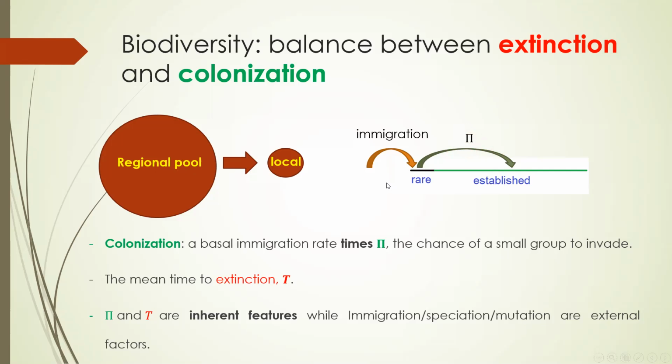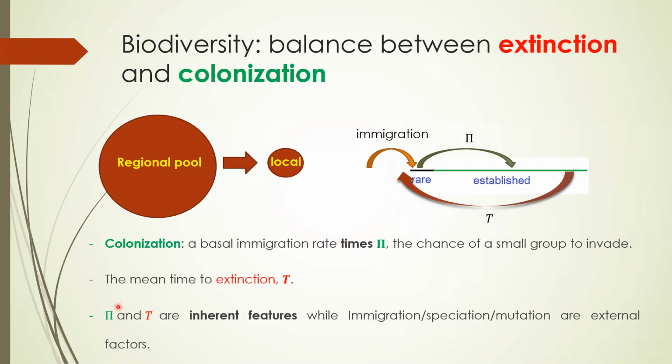This is the chance of a small population to grow in abundance and to reach some decent size. On the other hand, the extinction rate is mainly related to the mean time to extinction, which is the mean time needed for an already established population to go extinct.